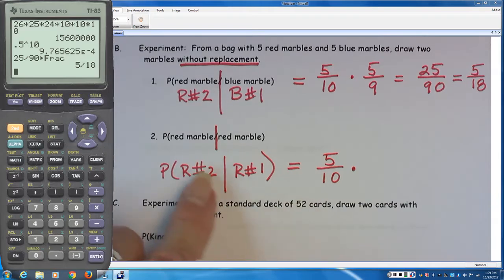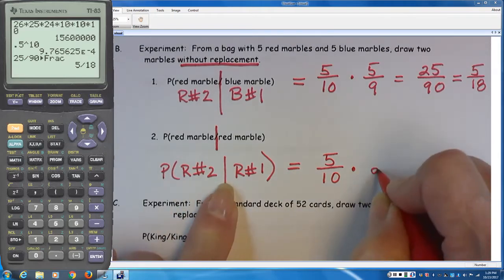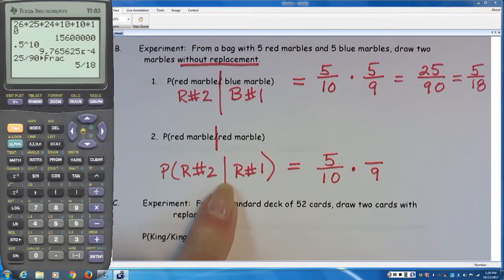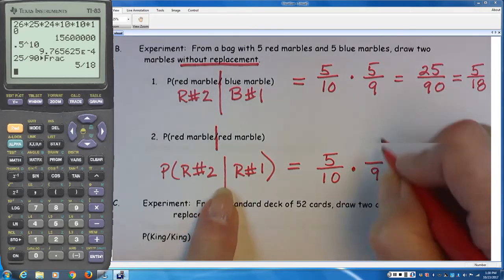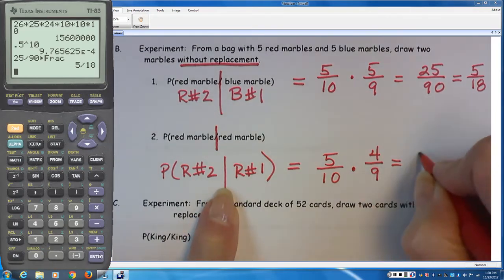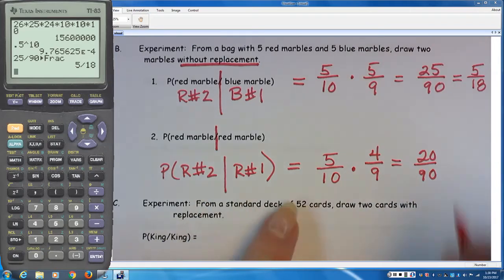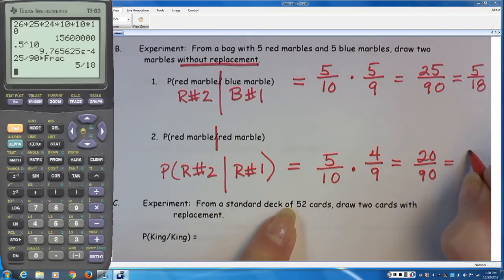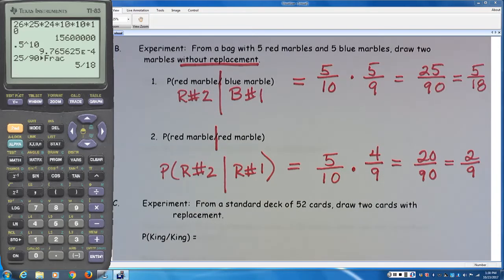How many marbles left in the bag? 9. How many red marbles left in the bag? 4. Only 4. So that's going to be 2/9, 20 over 90 or 2/9.